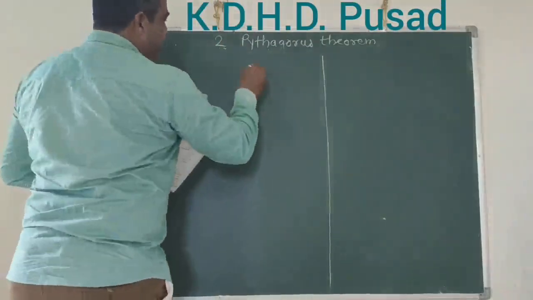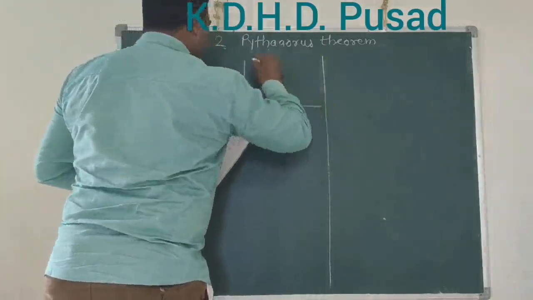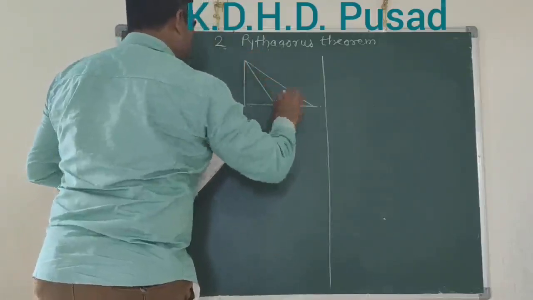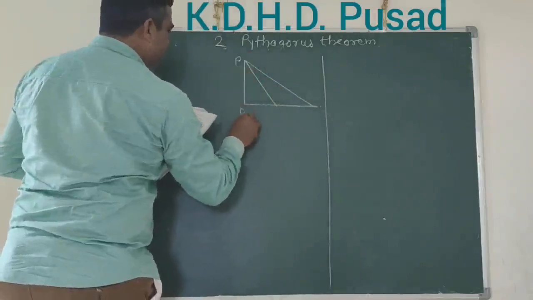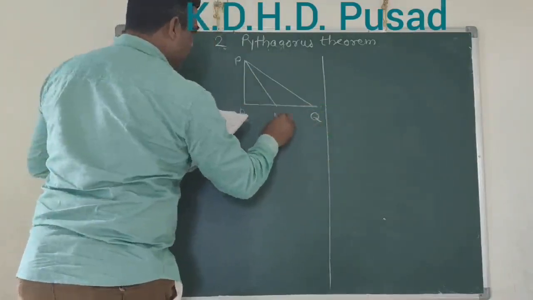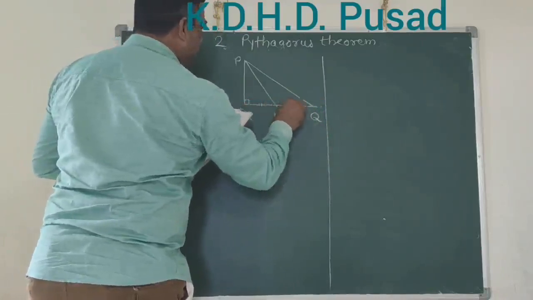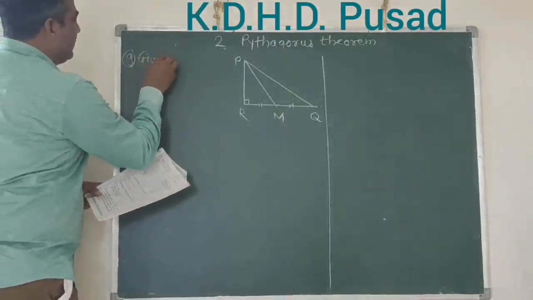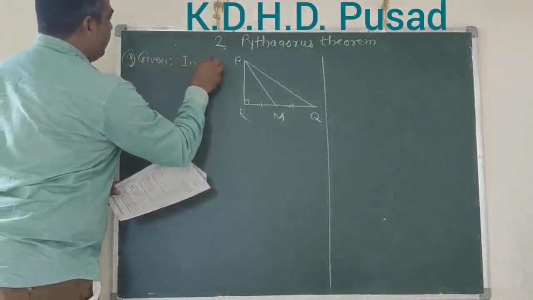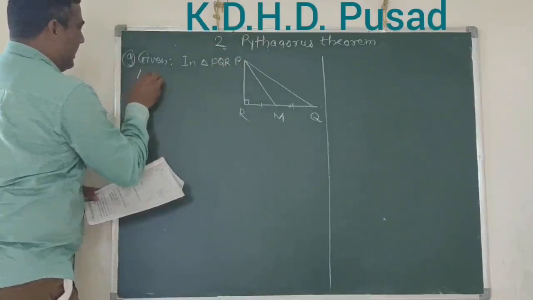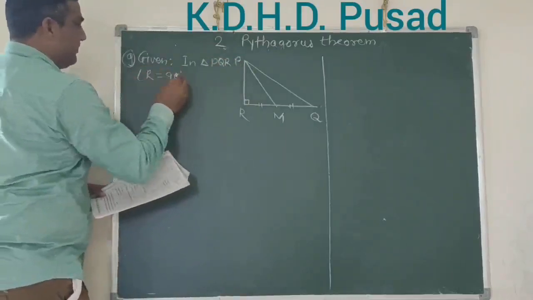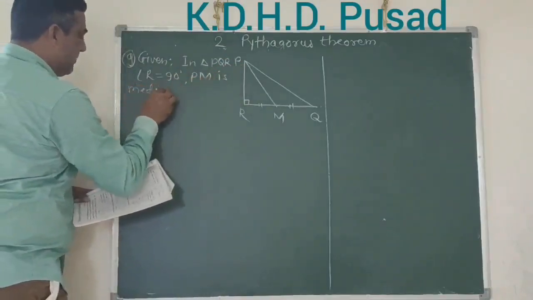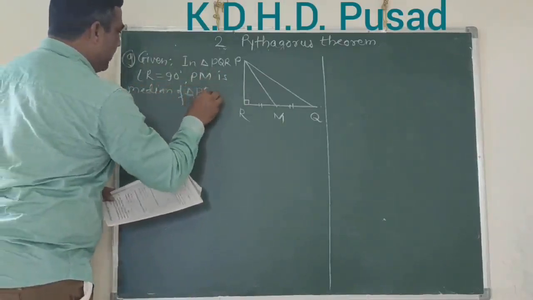You are given such a diagram. You are given that in triangle PQR, angle R equal to 90 degree, PM is median of triangle PQR.